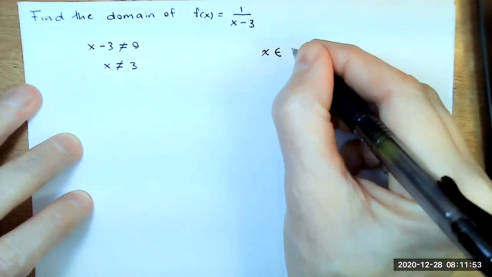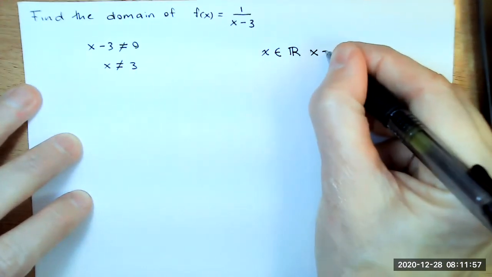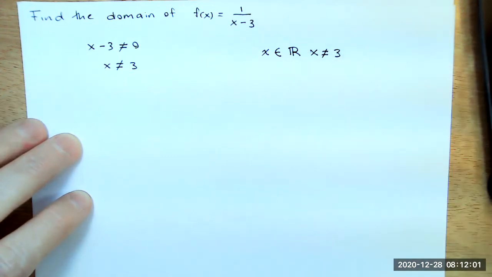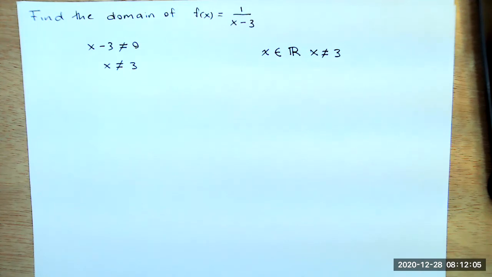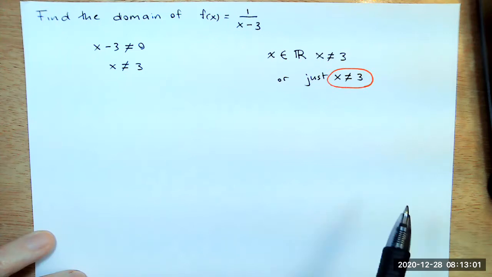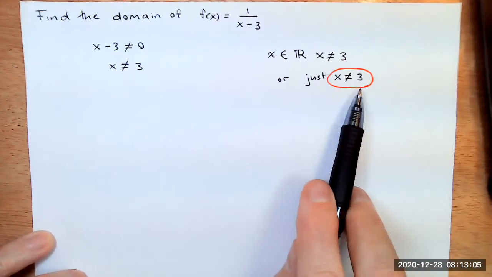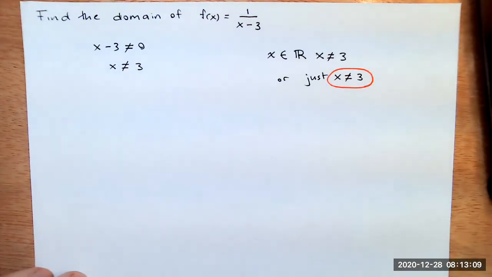So you could write this as all real numbers, x not equal to 3. You can also just write it as x not equal to 3. It's a lot simpler.